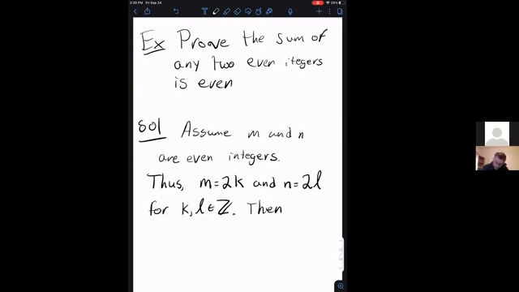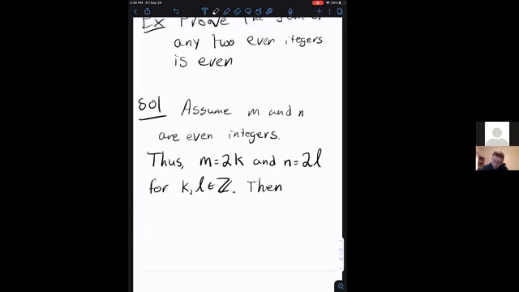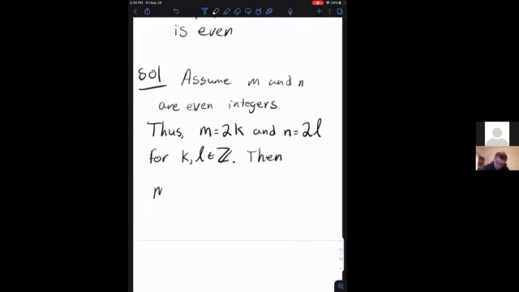Then, what does it say? The sum of any integers. So their sum, m plus n, is going to be equal to 2 times k plus 2 times L. Which is fine, but look, they both have a 2 in common. So this is 2 times (k plus L).